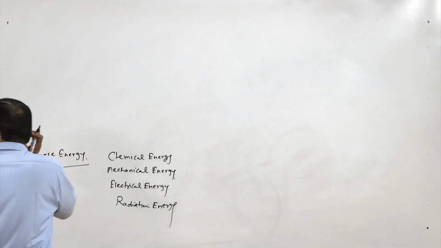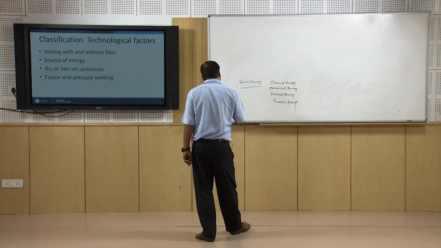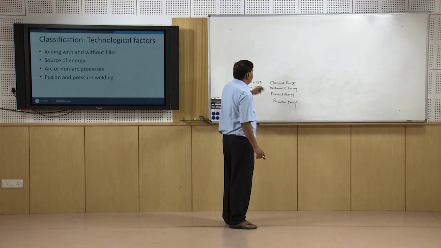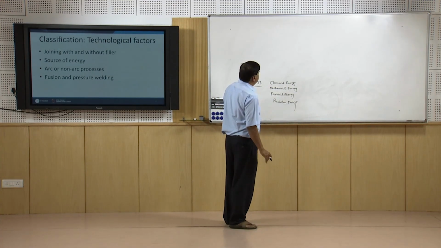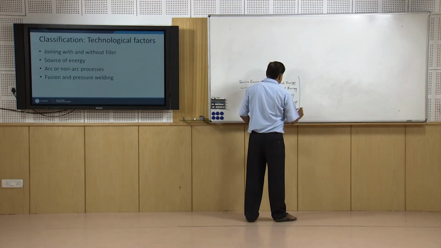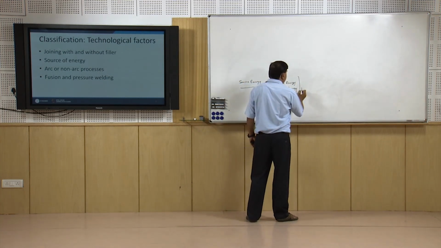So these are the different forms of energies which are used for the welding purpose or for the joining purpose. These are used primarily for developing the heat.